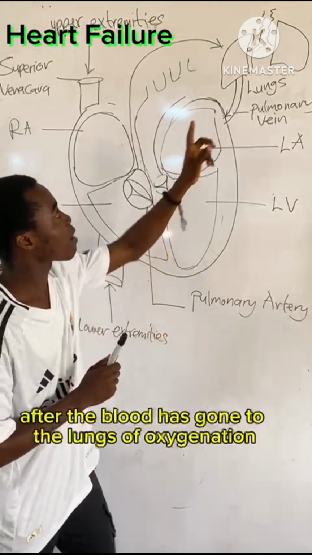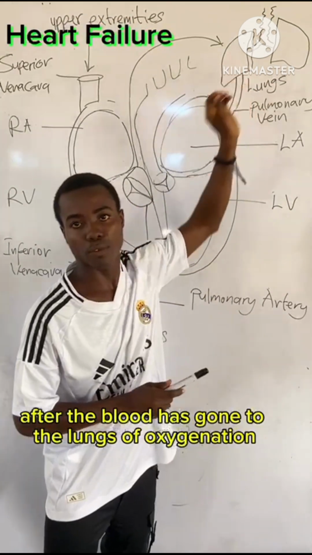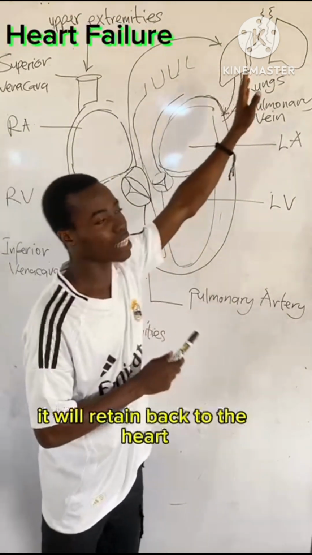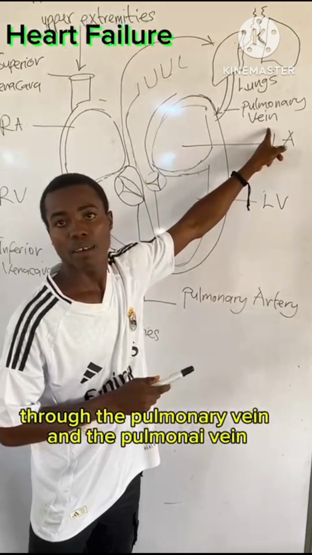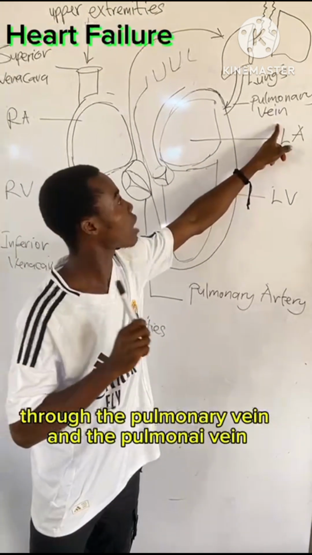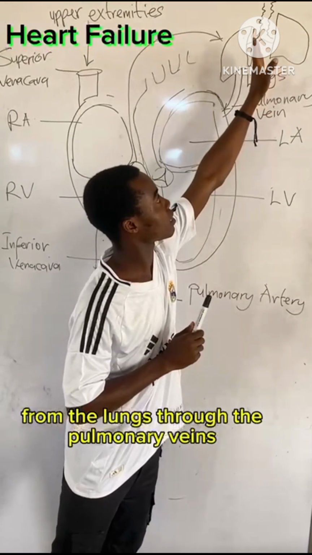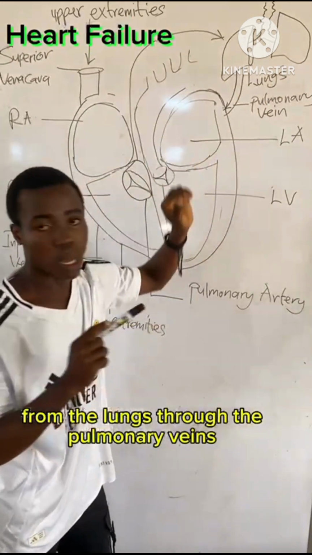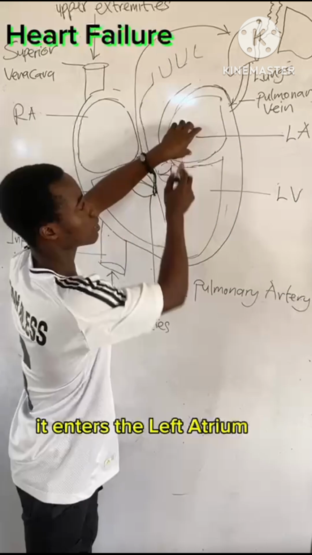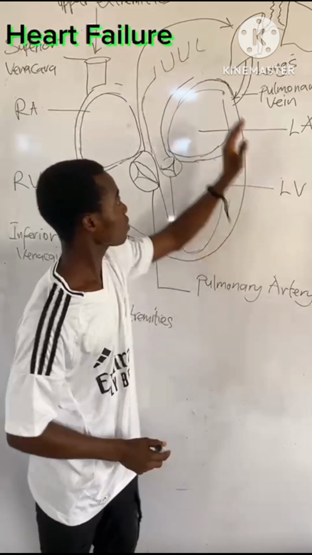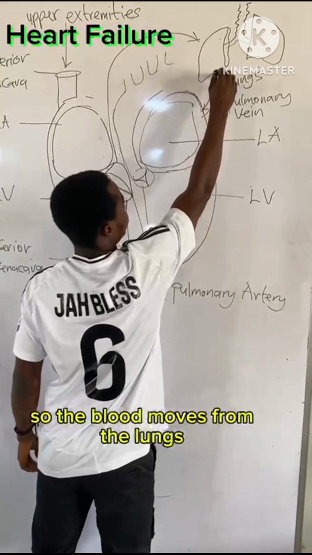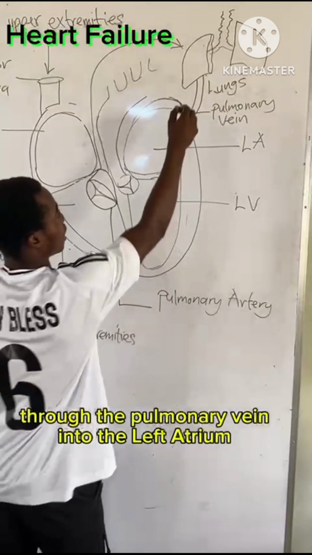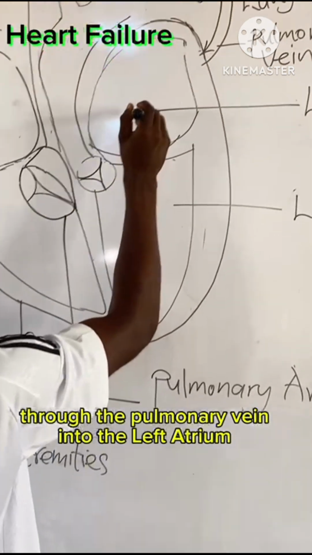Now, after the blood has gone to the lungs for oxygenation, it will return back to the heart through the pulmonary vein. From the lungs, through the pulmonary vein, it enters the left atrium.